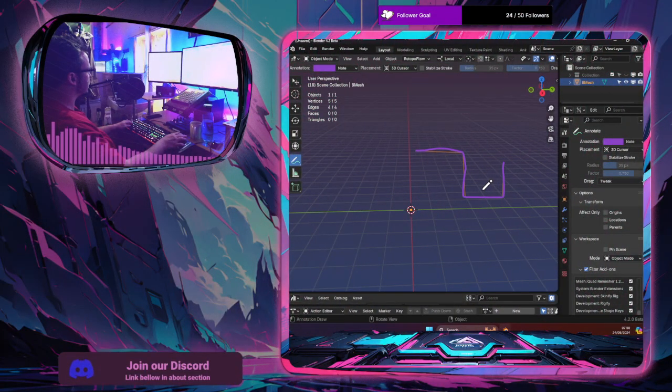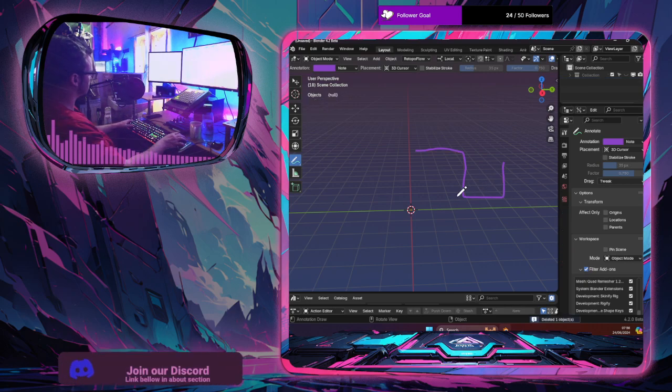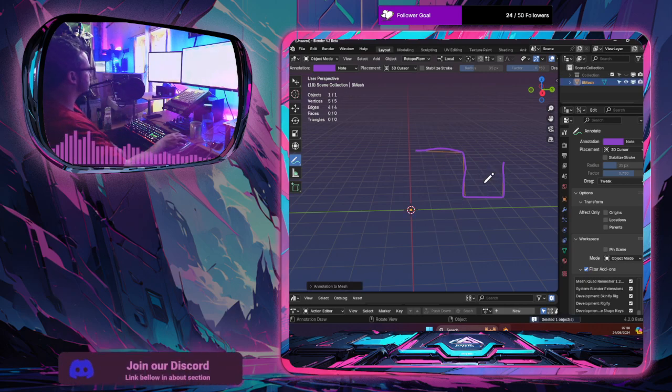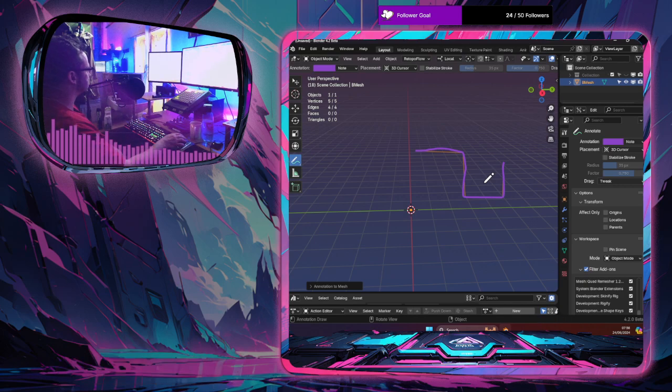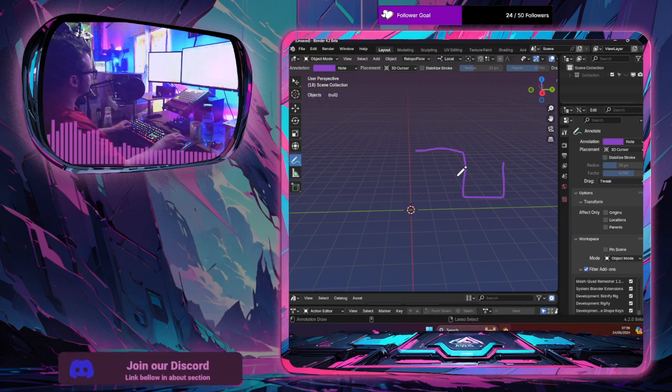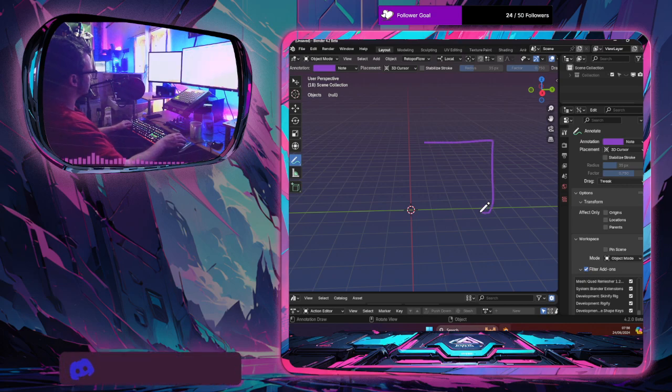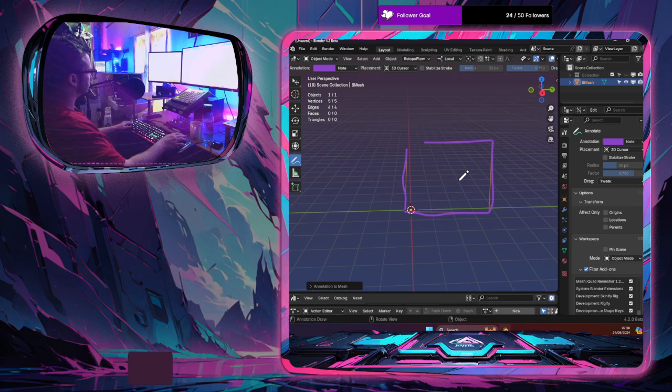Okay, so this shouldn't give me a square anymore. Yeah, it does not. Just gotta make sure that the square will give me a square. Yeah, that gives me a square.